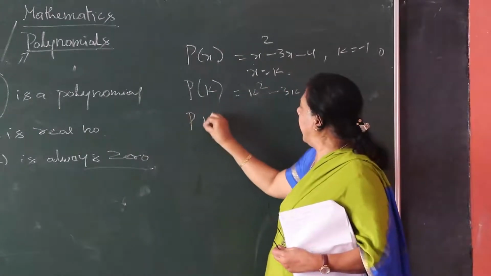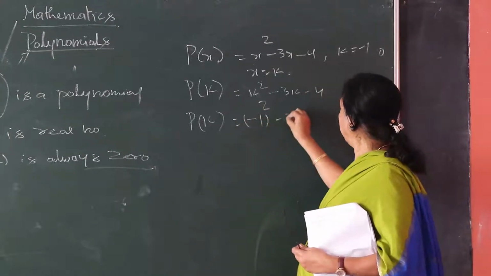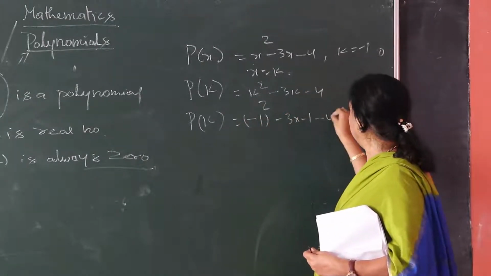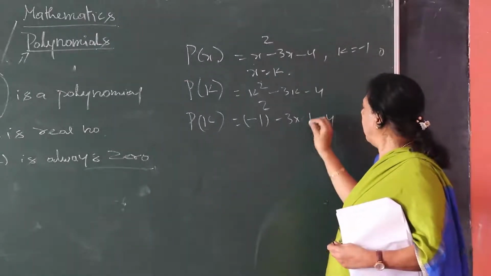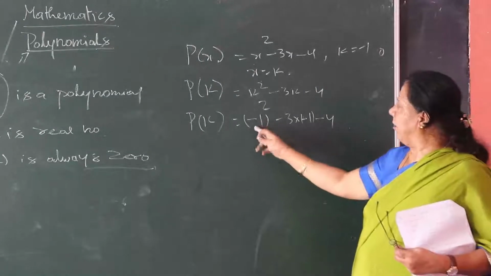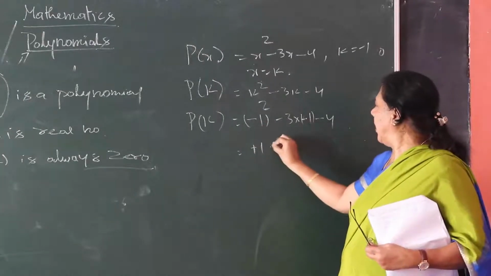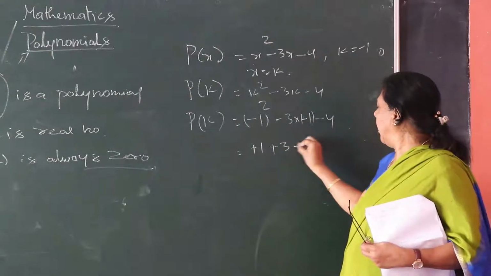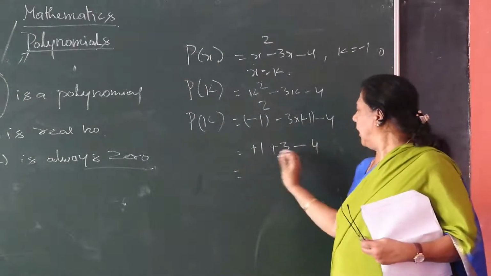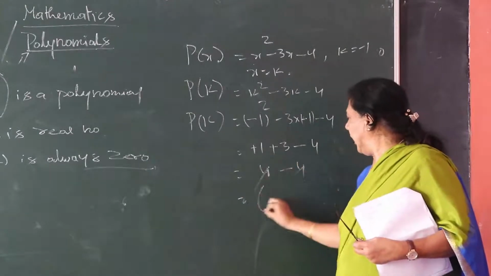Here p of k is equal to minus 1 whole square, minus 3 into minus 1, minus 4, children. 3 into minus 1, put it in the bracket. Now simplify. Minus into minus is plus 1. Minus into minus plus 3 into 1 is 3, minus 4. Here 3 plus 1 is 4, minus 4 is equal to 0.